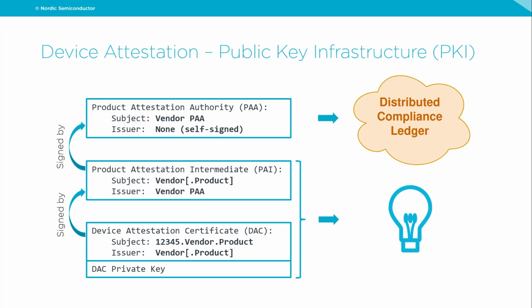So the PKI certificate chain always includes exactly 3 certificates. The PAA certificate is a self-signed root certificate. In Matter, we may have more than one root PAA, and all of them must be strictly vetted by the CSA.